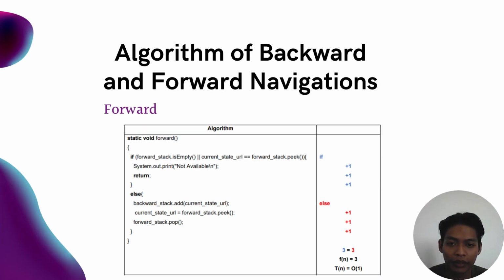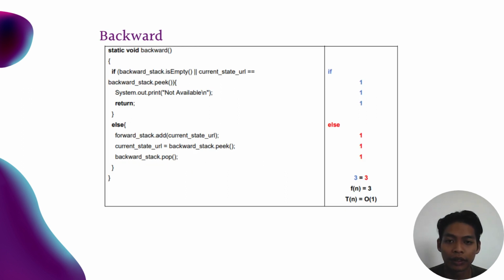Here you guys can see the algorithm of backward and forward navigation, which involves if and else. Also, this is the backward operation, and here are the algorithms that are involved.